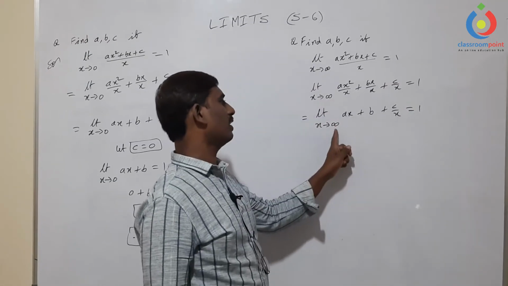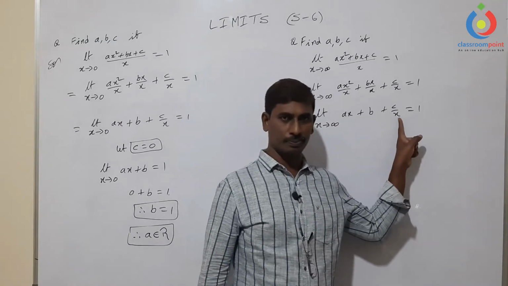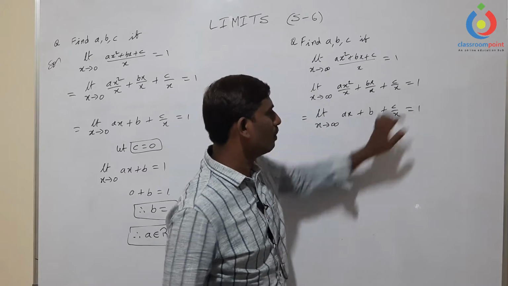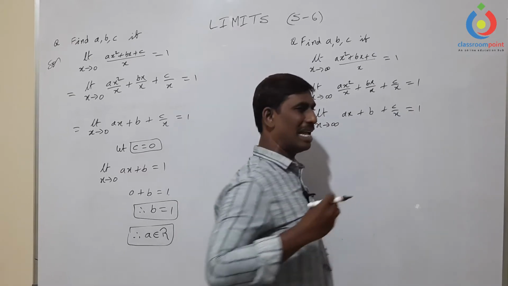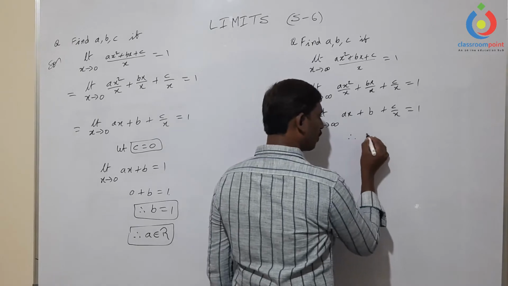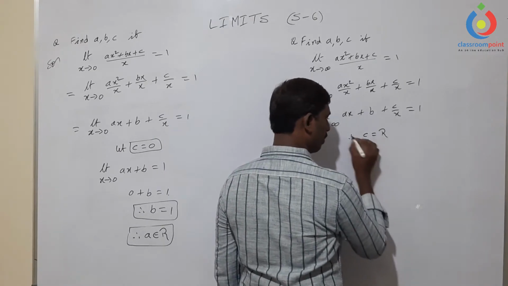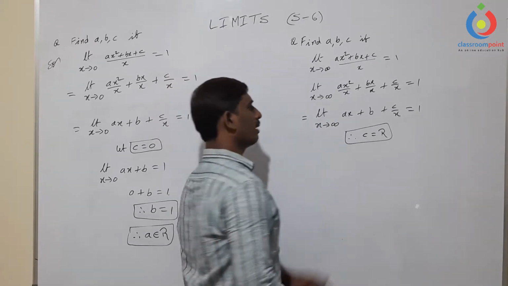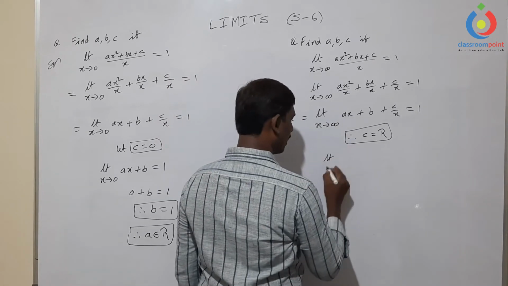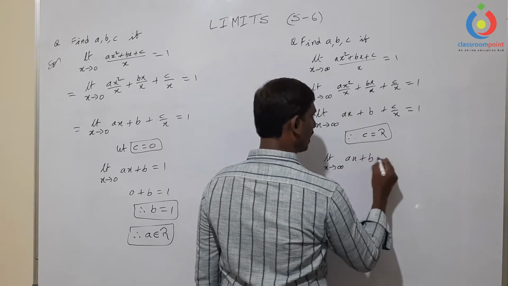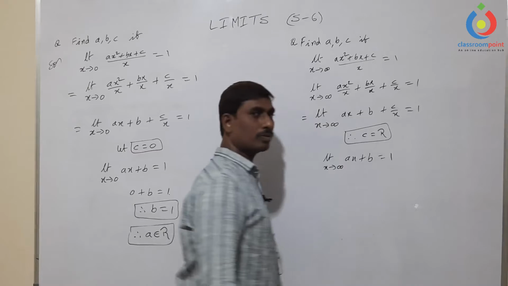Now apply infinity in the place of x: this is 0, first point. This is 0 means in the place of c, you can take any value, that is always fine. Therefore, c is equal to any real value. Then what is the remaining here? Limit x tends to infinity, ax plus b is equal to 1.